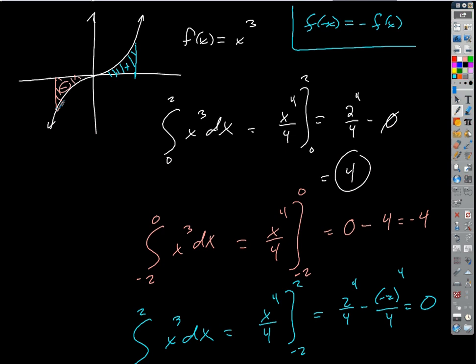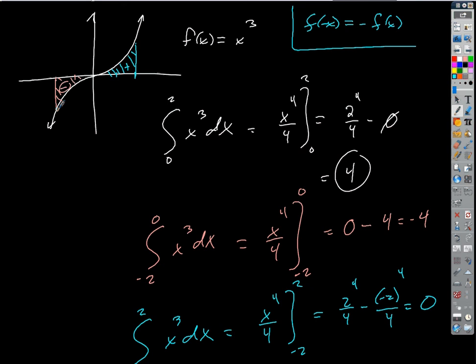Okay, so for an odd function like this, can you come up with a general rule? There's a shortcut here, right? For an odd function, if we remember that a definite integral is really just adding up an area under a curve, what would happen if we took any odd function and integrated over symmetric limits of integration, so from -a to a? I'm going to get 0, aren't I?